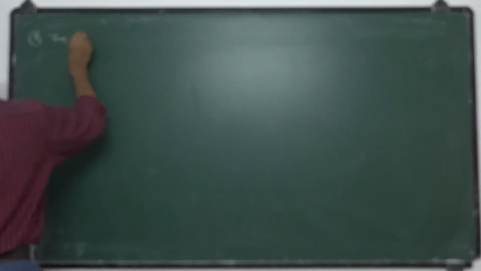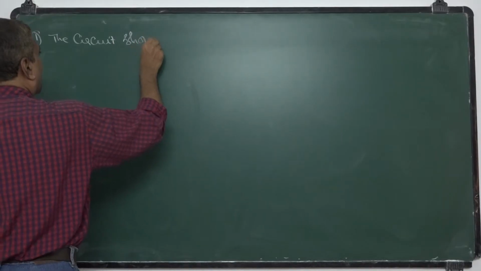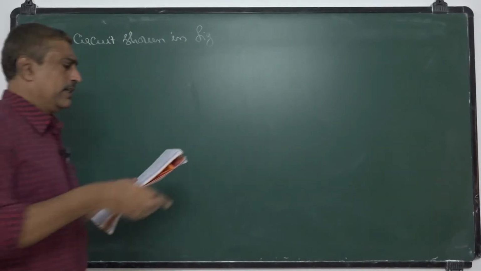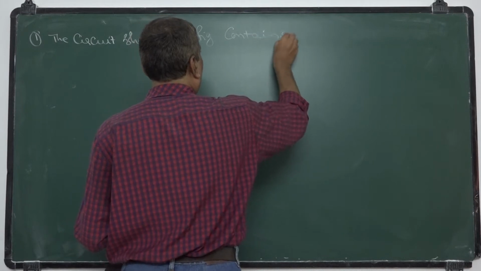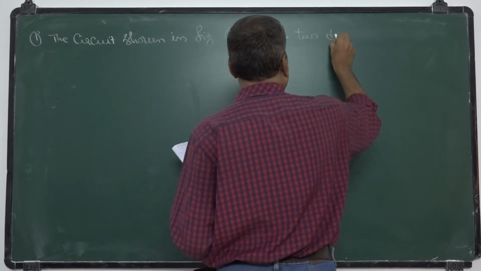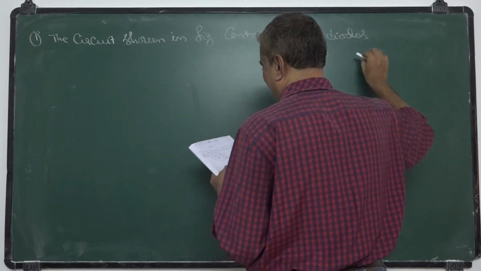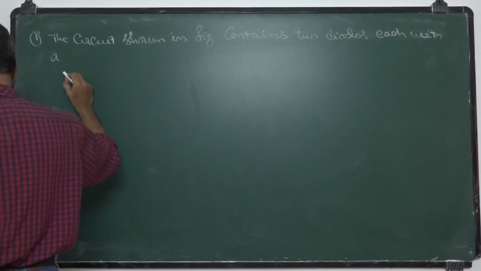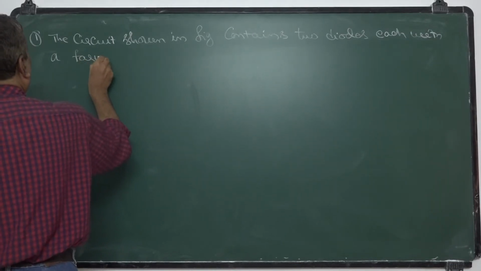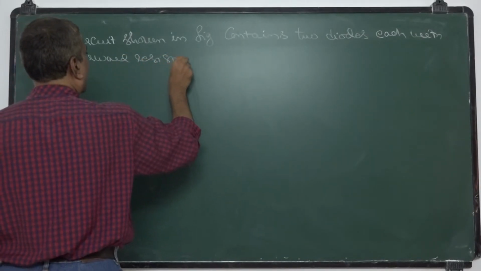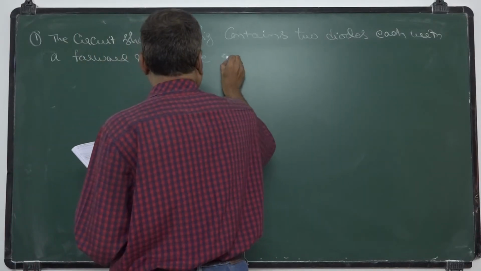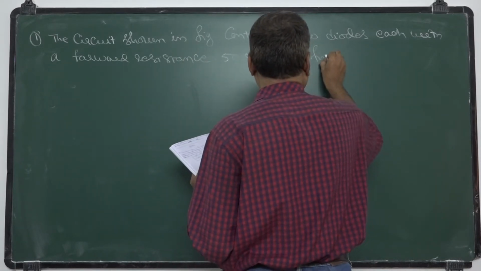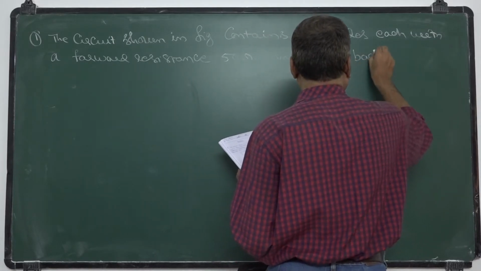The circuit shown in figure contains two diodes, each with a forward resistance of 50 ohm and infinite backward resistance.